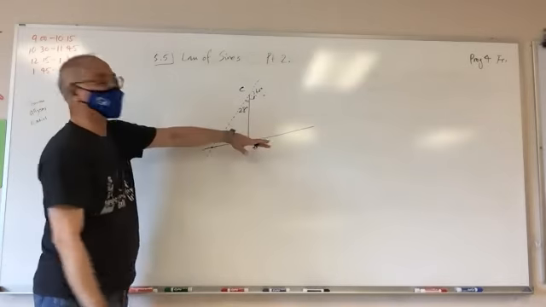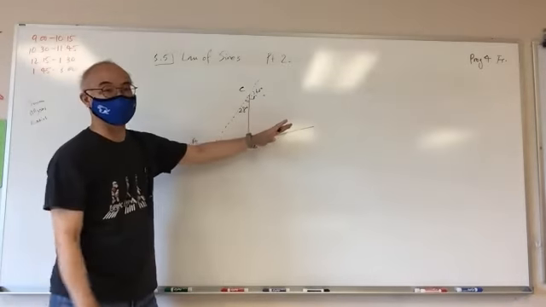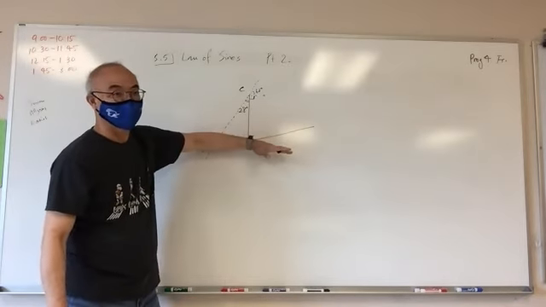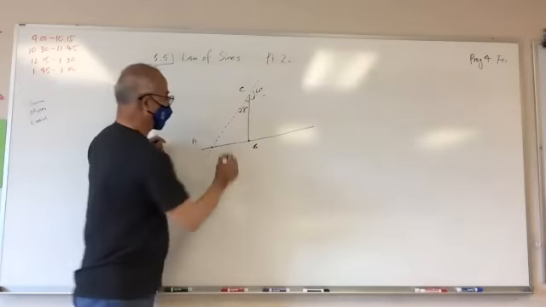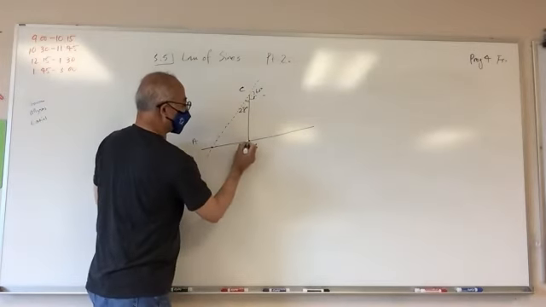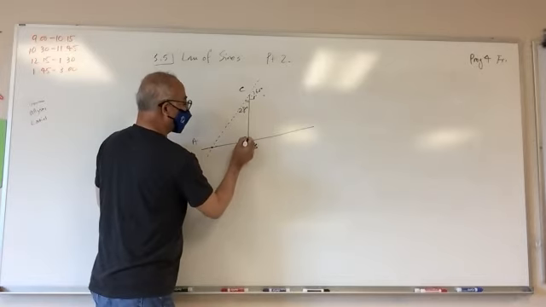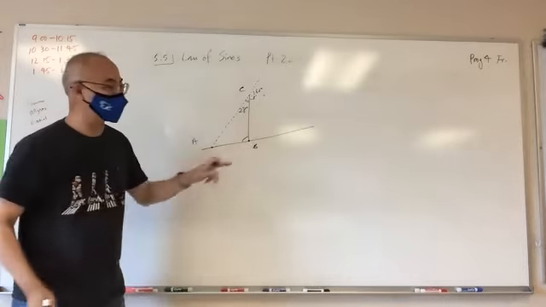So if this road was flat horizontal, there was no slope to it, this angle here would be 90 degrees, right? But it's not. It's 10 degrees slope. So this guy is no longer 90.